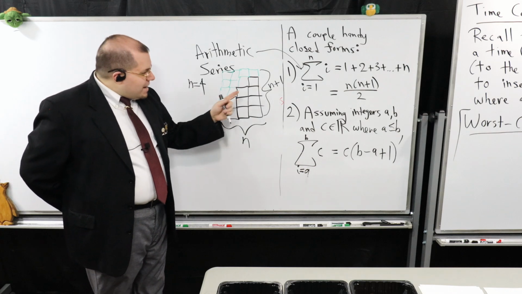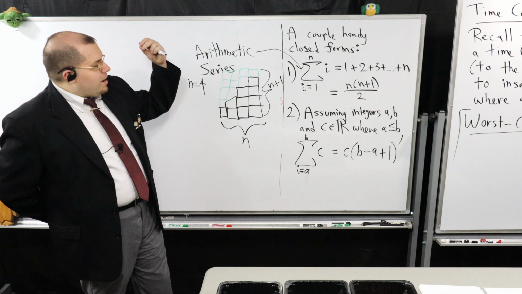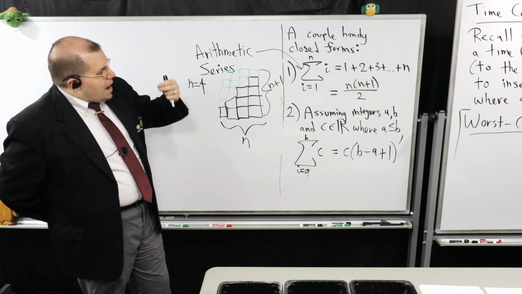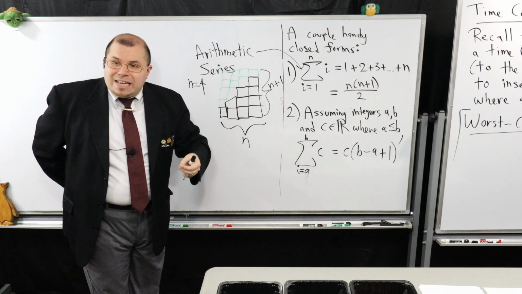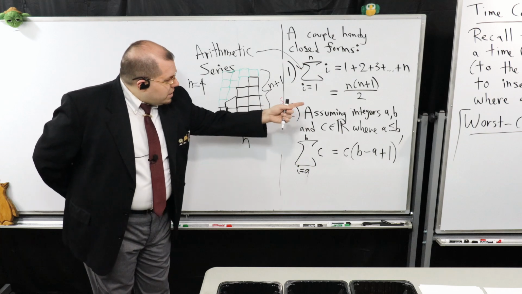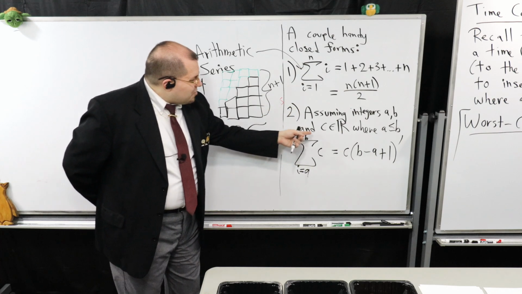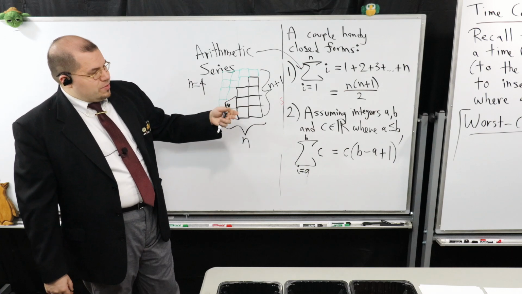So the second one here I want to talk about is where you have a sum, but you know how many times, say, the number of operations occur on each occurrence. So suppose I have two integers a and b and some real number c, where a is less than or equal to b.